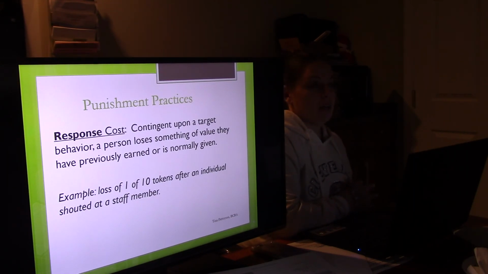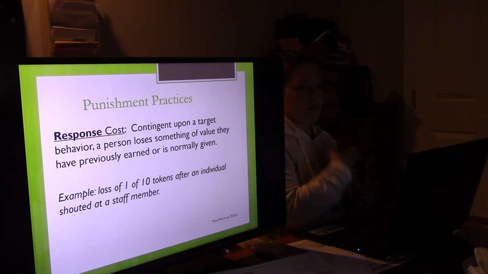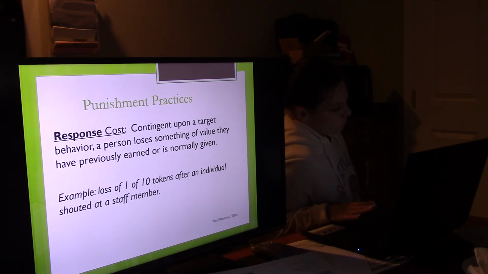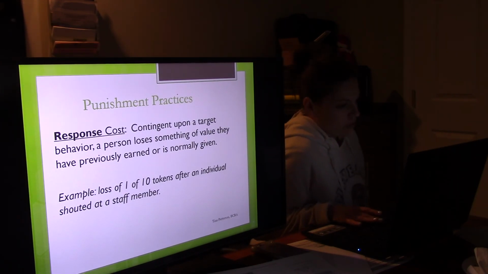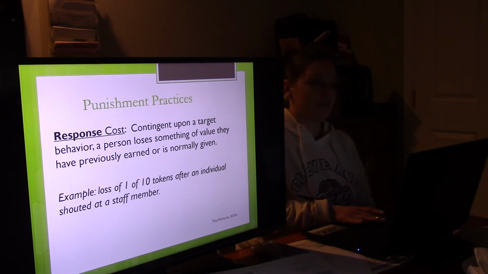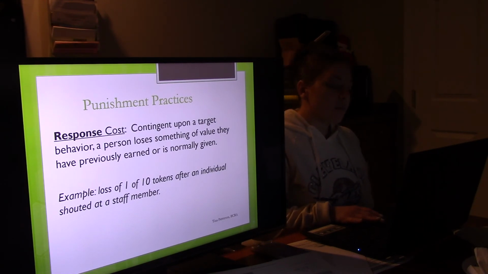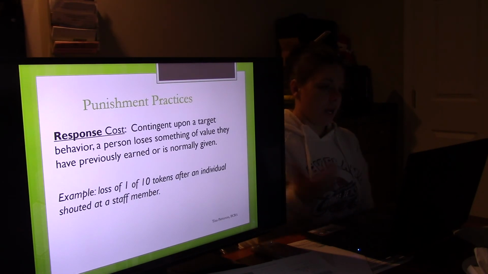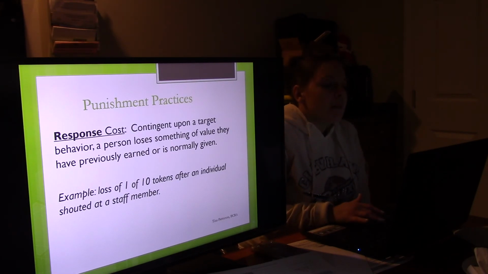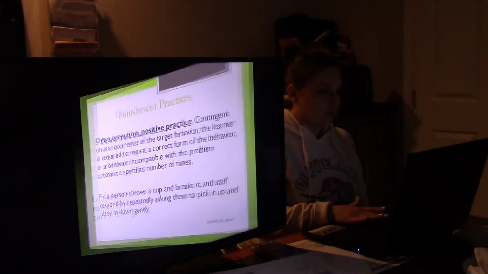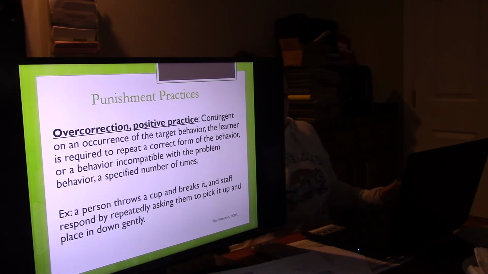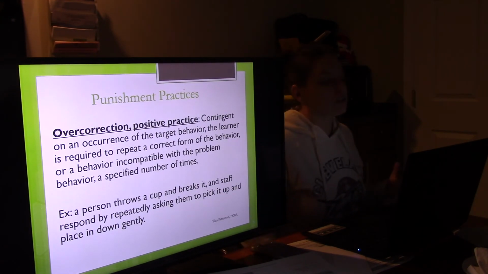They've already earned it, and now we're going to take it away. So, loss of 1 of 10 tokens after an individual shouted at a staff member. They've already earned it. If anybody goes into my bank account to take money because I was late on typing a report, I would lose my mind. I would never want to report again. Because you're taking something you've already earned. You can't take it away.